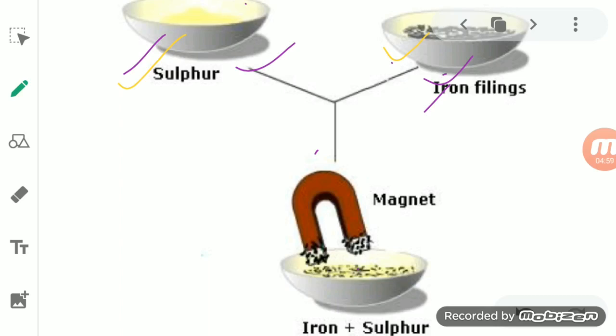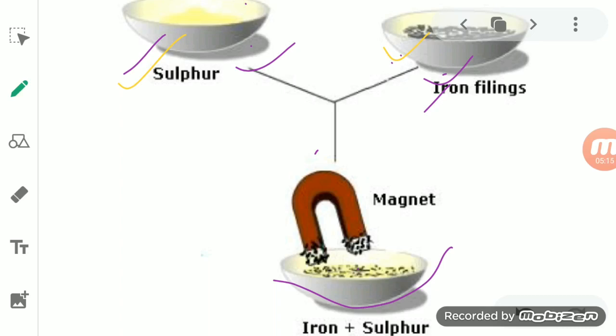Since sulfur does not show attraction towards the magnet, it remains in the china dish. So by using the magnet, we can separate this mixture of solid components.